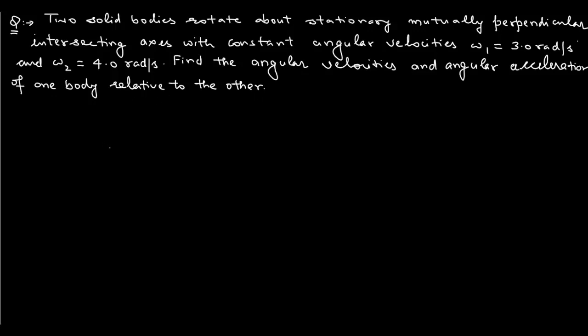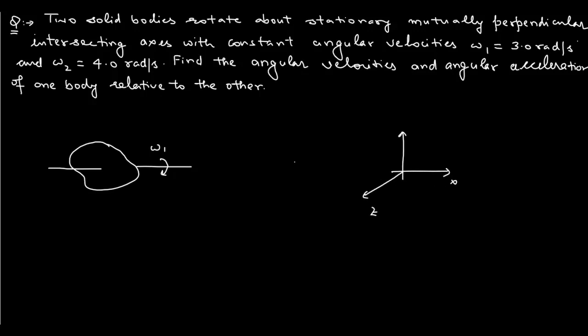So let's consider this is a rigid body, and let this be rotating about, say, the x-axis with an angular velocity omega 1. Clear? So this is the x-axis, this is the y-axis, and let this be the z-axis.